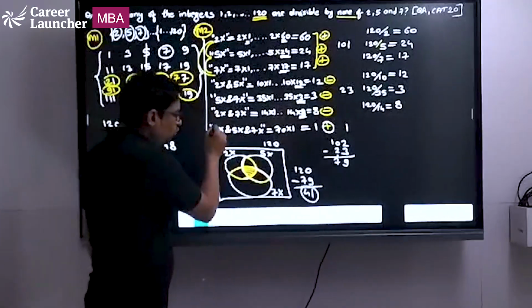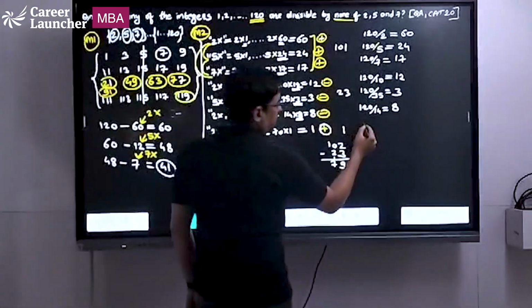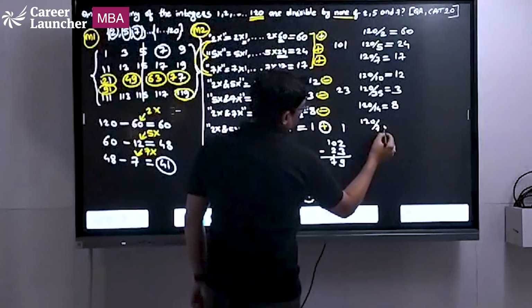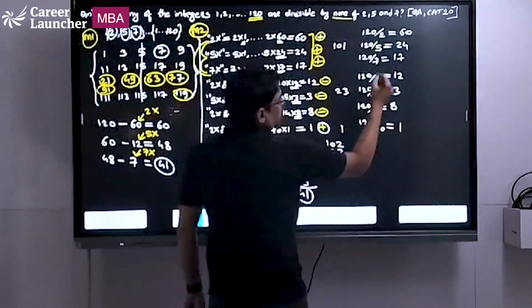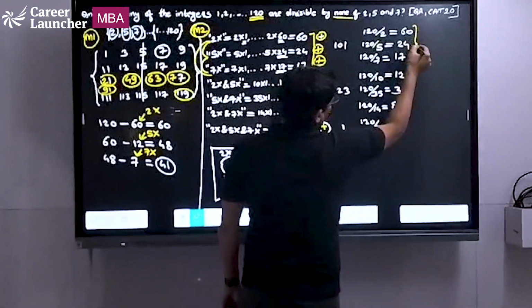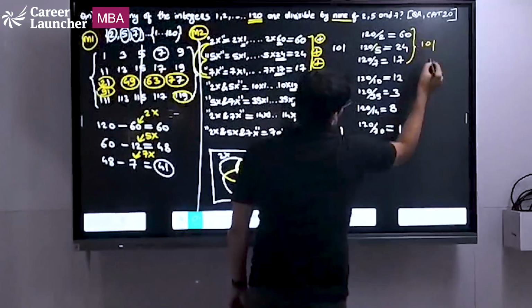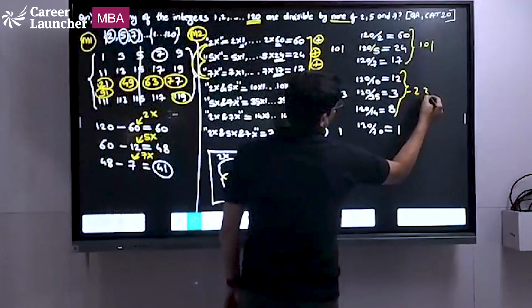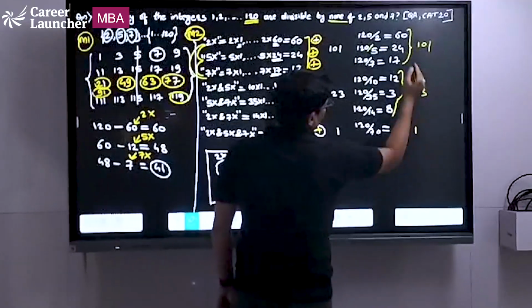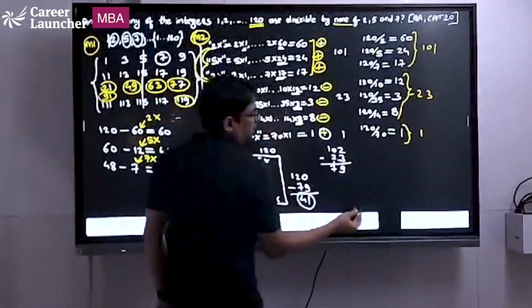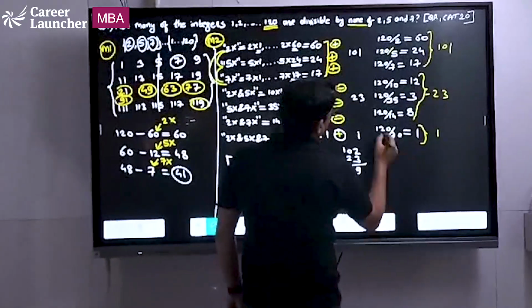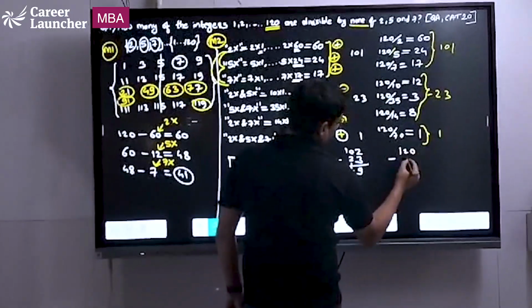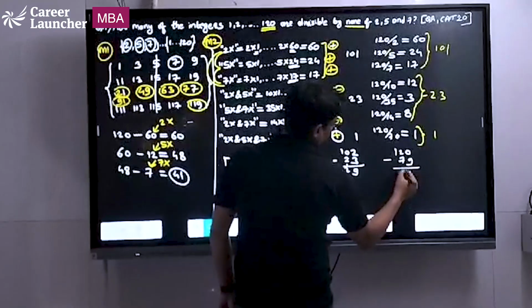Lastly, multiples of 2, 5 and 7, that is 70. 120 by 70, the integral part would be 1. I have to add these three numbers, 84 and 17, 101. I will have to remove these three numbers, 12, 3 and 8, 23, and add this number, 1: 102 minus 23. It should be 79. So the answer would be 120 minus 79, that is 41.